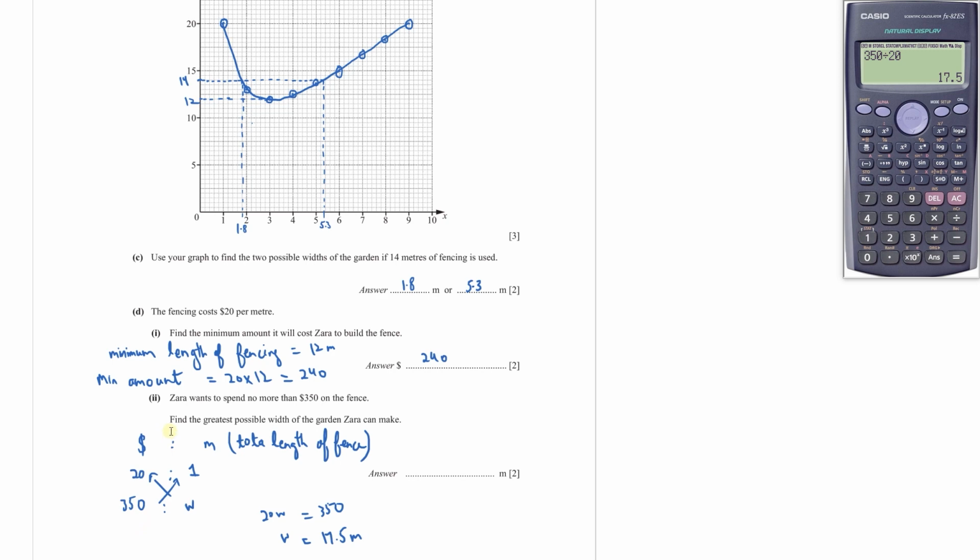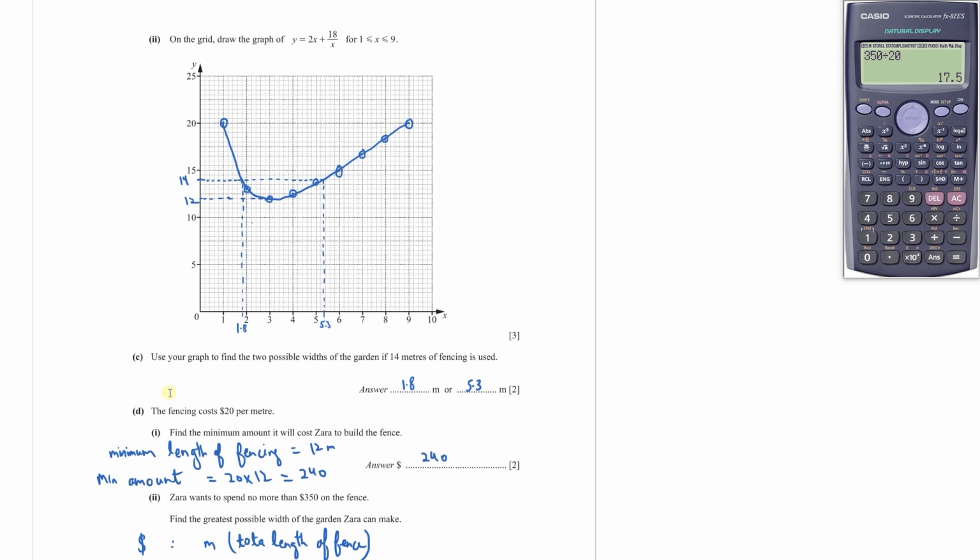$350. So if you go back to the graph and look at the value for 17.5, so 15, 16, 17, and this is 17.5. We want to find the greatest possible width. When the total length of the fence is 17.5 meters, you have two possible values of the width.